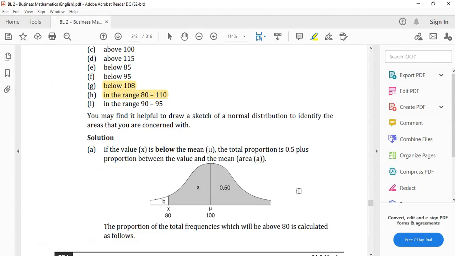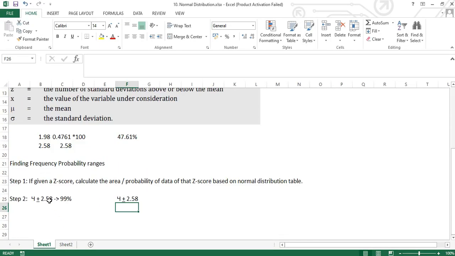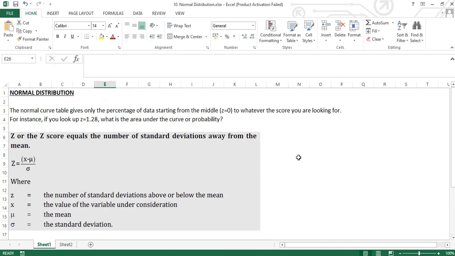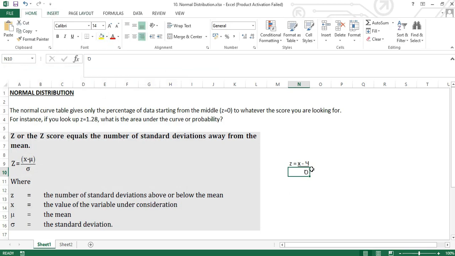First step is put down your formula, which is Z equals x minus mean or mu divided by the standard deviation.